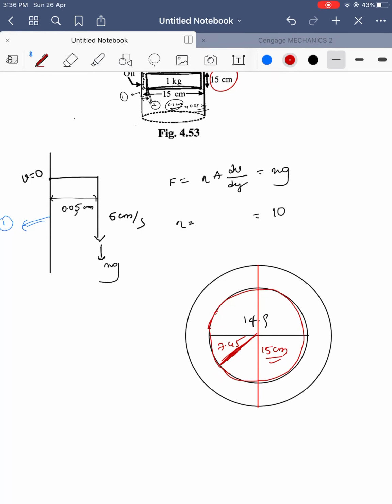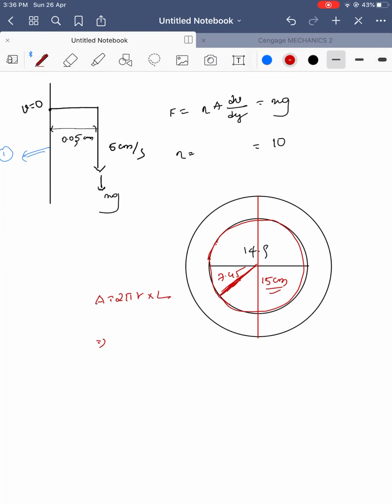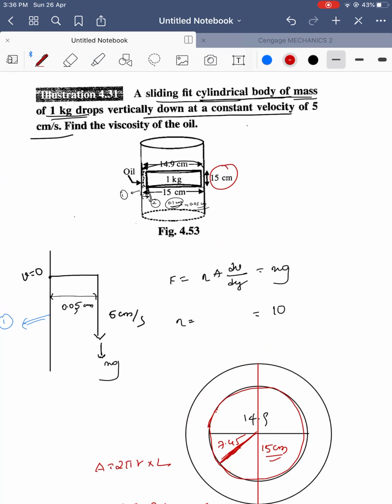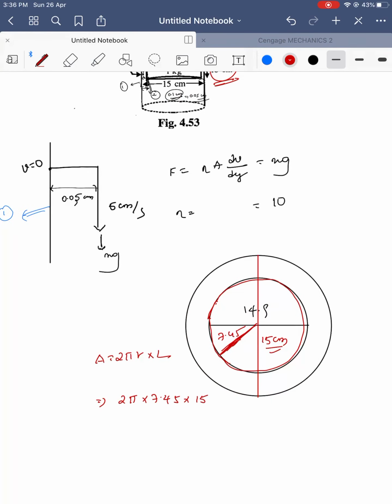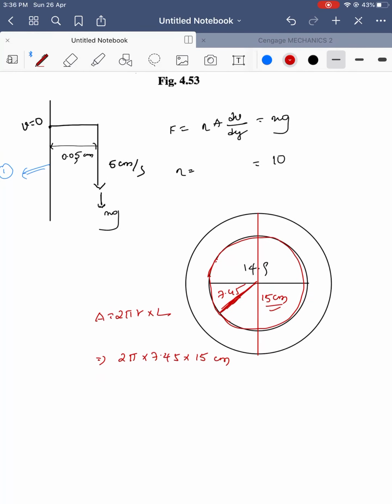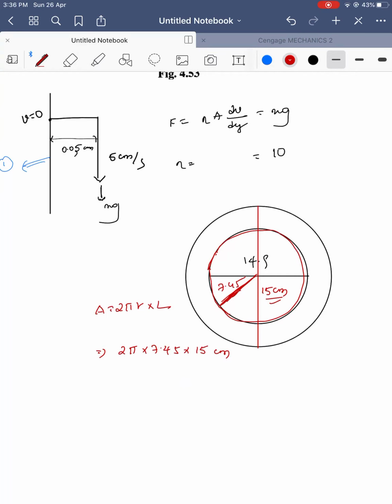So the area is equal to 2 pi r into L. Okay, r is equal to 7.45. Length is given 15 centimeter. Convert everything into meters. Centimeter square will be 10 power minus 4 in meters square.